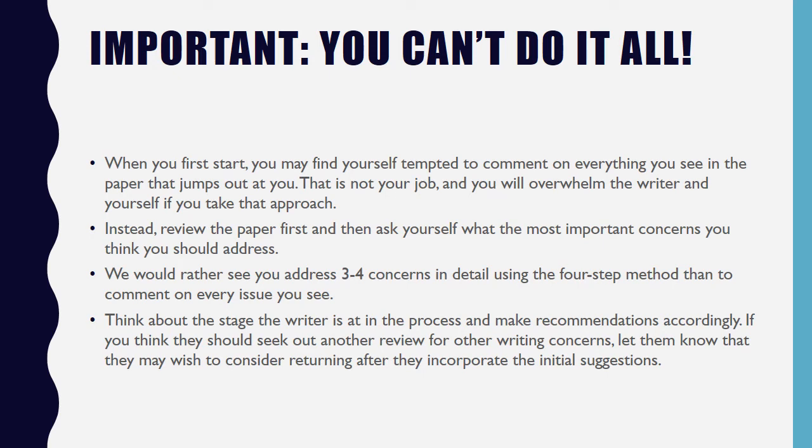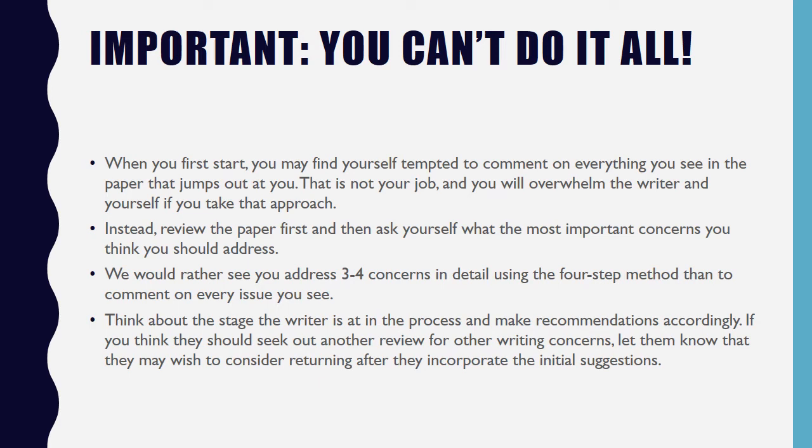So when you first start, you want to make sure that you don't overwhelm the writer by giving too much feedback. Review the paper first and then ask yourself what the most important concerns are that you think you should address. We'd rather see you address 3 to 4 concerns in detail using the 4-step method that we're going to get to in the next slide than to comment on every issue you see.